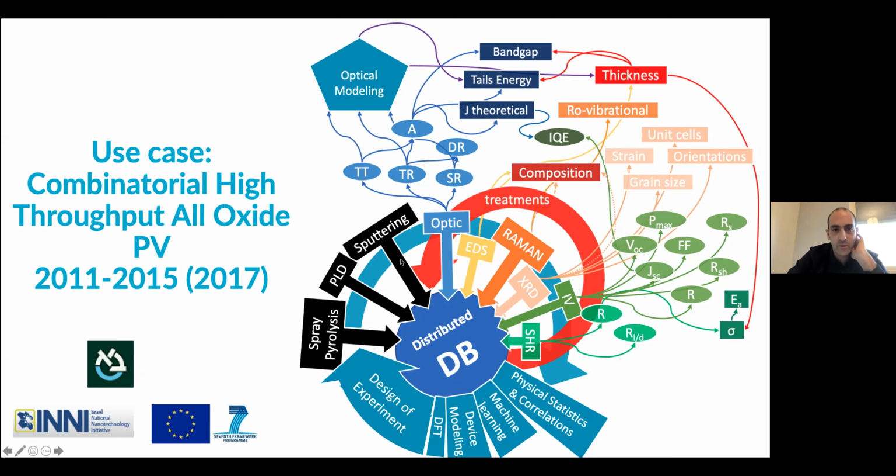Then the data went into various pipelines of data processing and distillation, and also modeling. For example, this optical modeling server was used to calculate band gaps and tail energy and theoretical absorption. You could also calculate nanometric thicknesses of thin films and combine it with data that came from the other instruments.